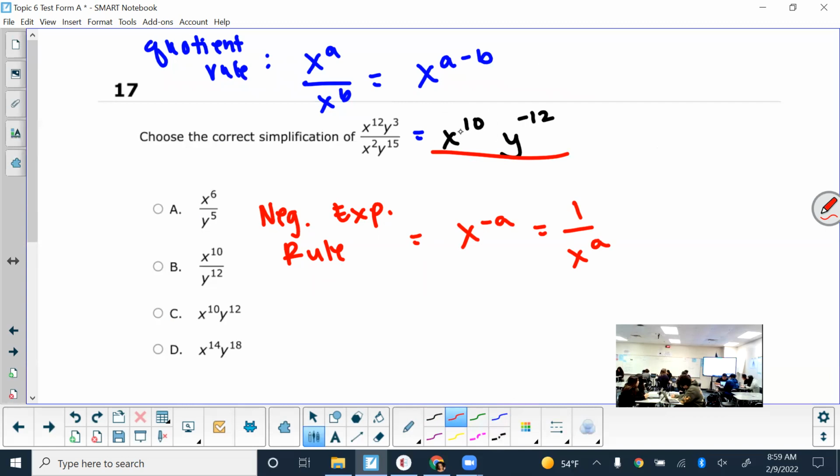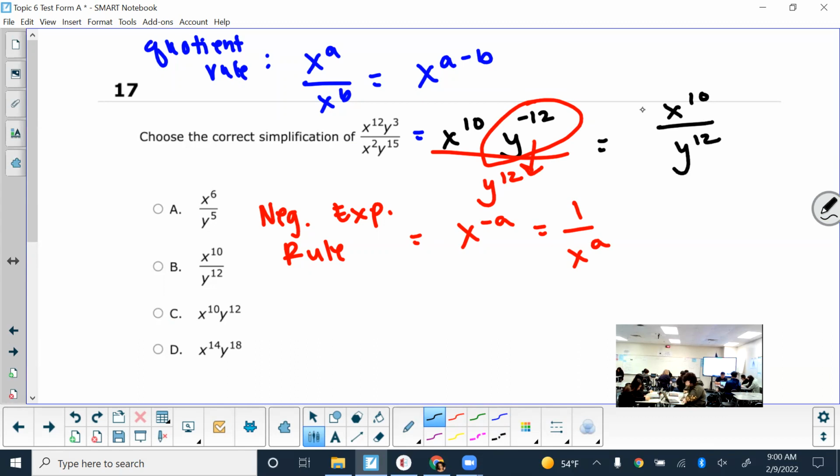And you only move the stuff that has a negative exponent. So do I need to move the x? No, just the y to the negative 12 moves over the fraction bar and it gets rewritten as positive. So when I clean this up, my final answer is x to the 10 over y to the 12.